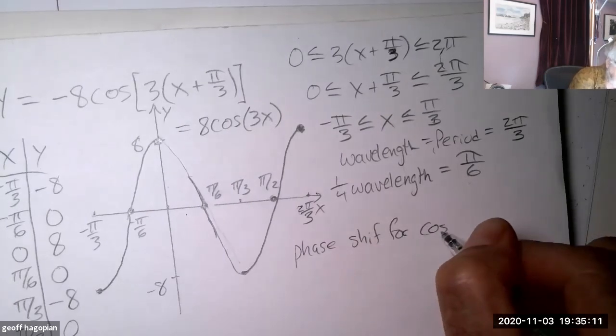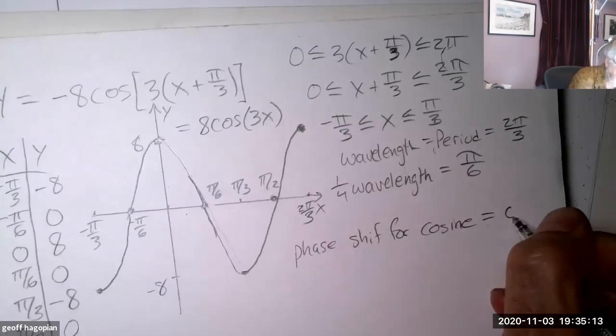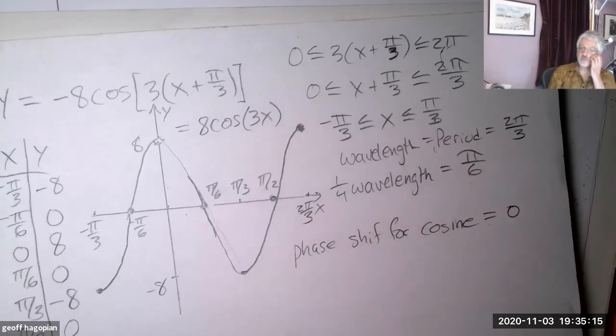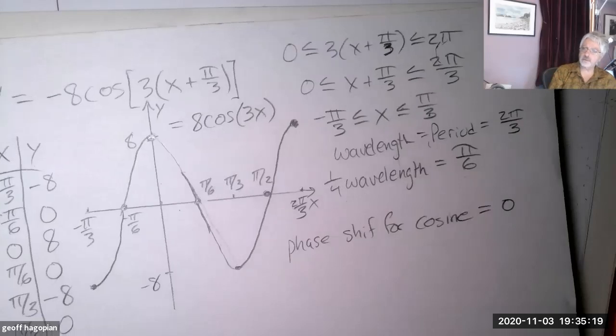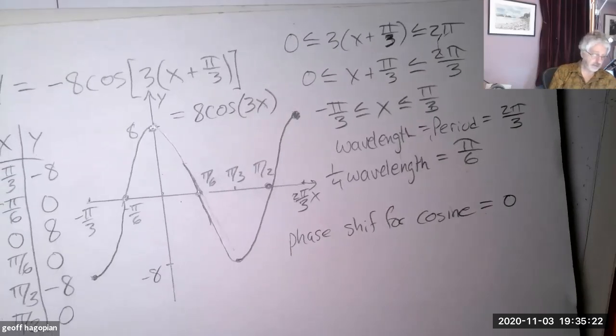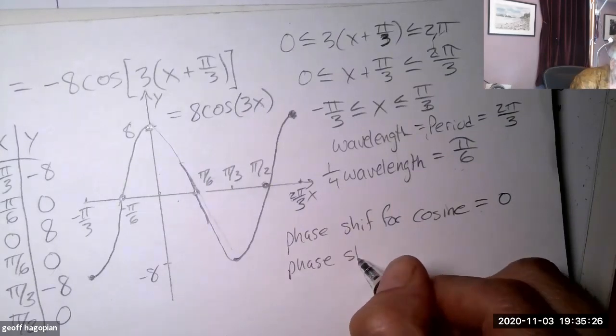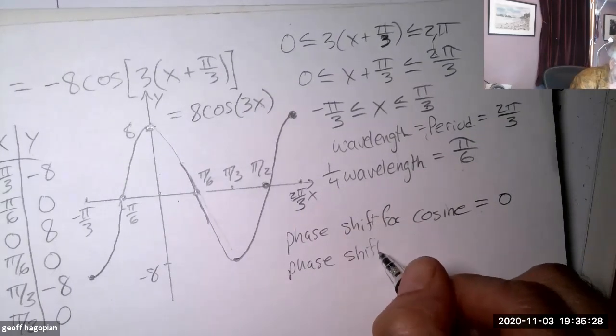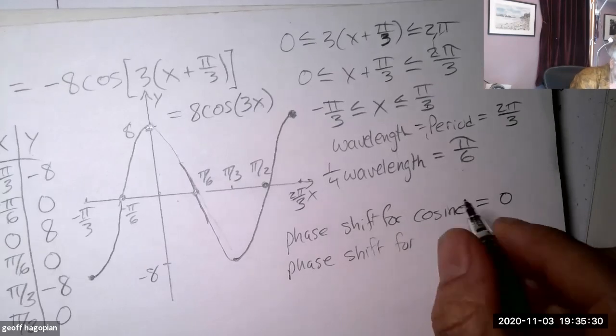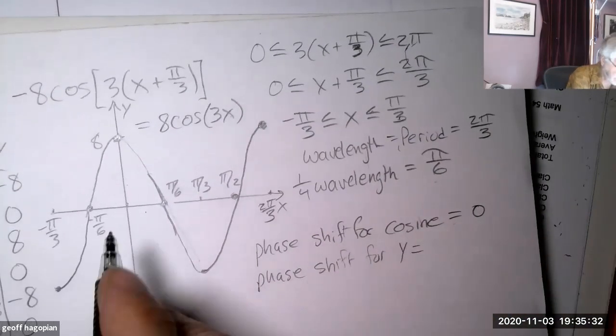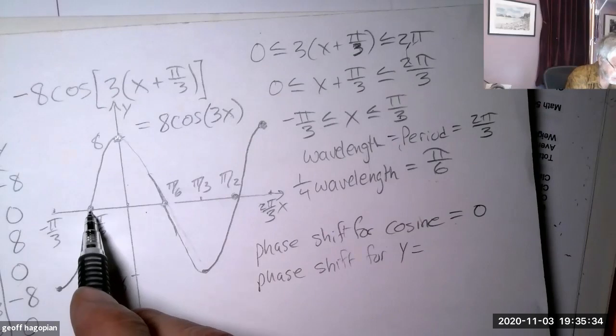For cosine it is 0 because that's the smallest shift that will start me at a peak, whereas that's where the cosine curve starts. But maybe this is a sine curve, right? So the phase shift, and now this can be written as a sine curve, right? So what would the phase shift be?